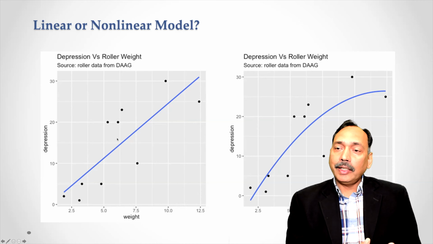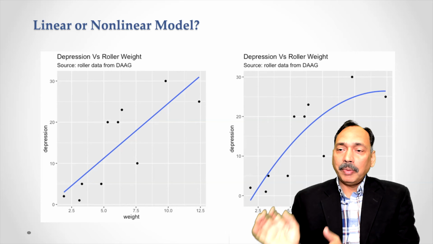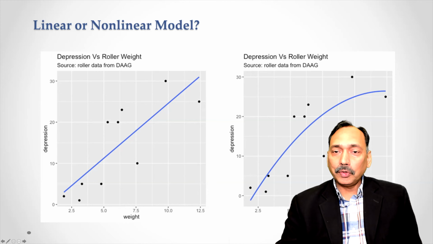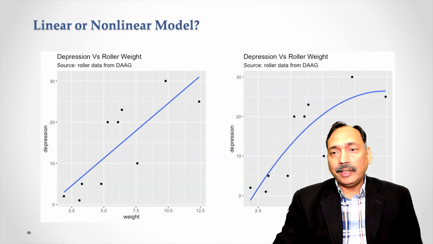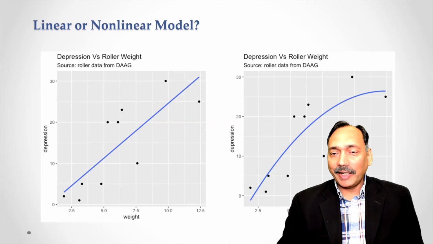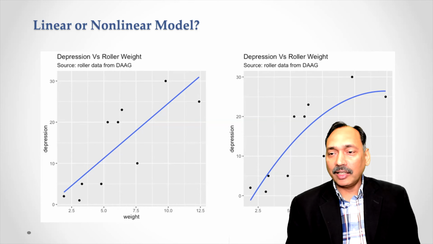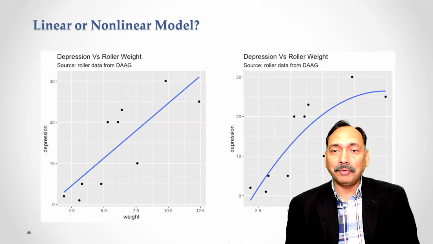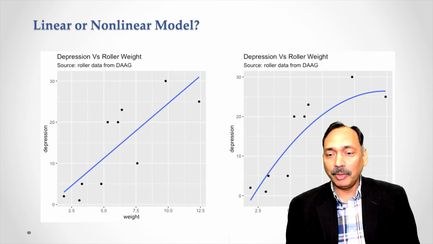But when you have y equals intercept plus b1 times x, and then you add another term, maybe b2 x square, you get this kind of pattern by including that quadratic term. And with a software like R, it's very easy to include x square, x cube, x4. There's no end to it. You just need to make a small change, and suddenly you have a very complicated or very complex relation between two variables.